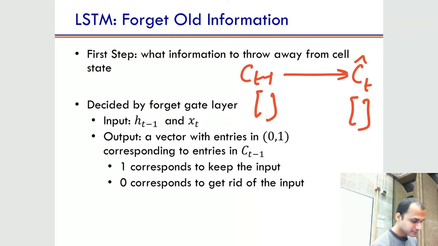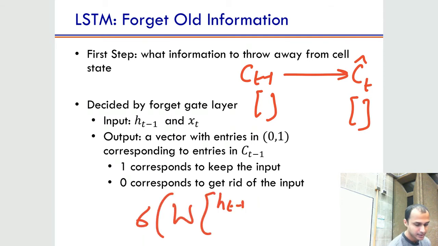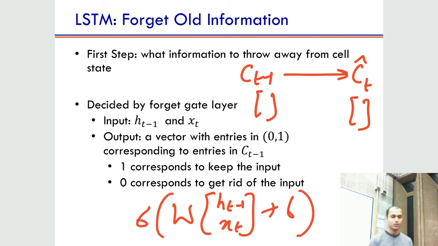It's just a semantic interpretation of what's happening with the vector. The gate in this case is sigma of w of ht minus 1 and xt plus some bias. The gate's input is the current exogenous input, maybe the current character or current word, and ht minus 1, the additional input we get from the previous cell.